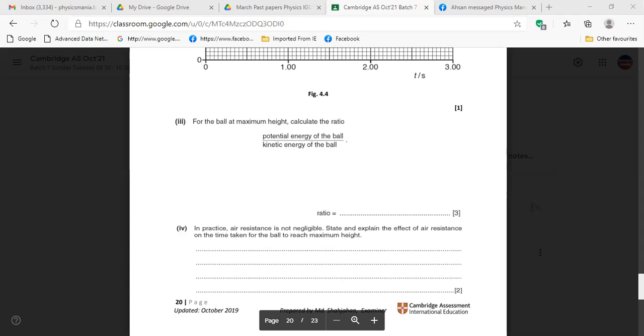Then what is the answer coming? 107.91 divided by 86.7 is 1.24.